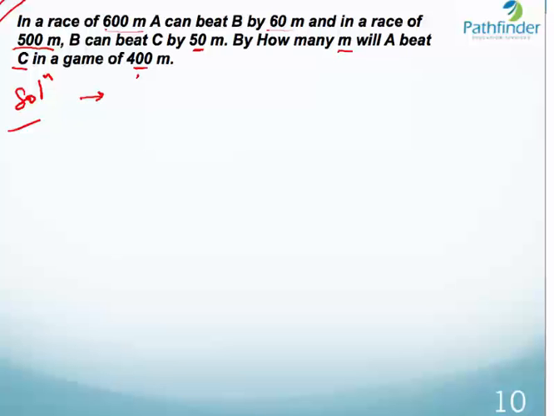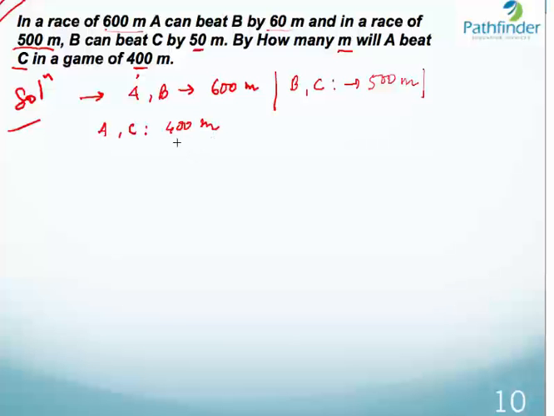One race between A and B that is of 600 meters. Then we have another race between B and C which is of 500 meters. And in the question we are asked to determine what will be the result of a race between A and C, and this length is of 400 meters.